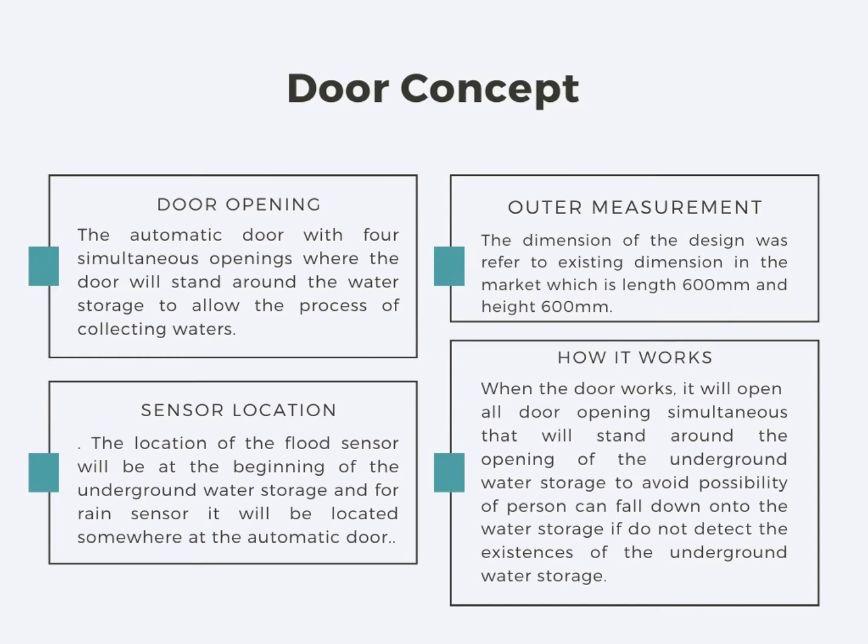When the door works, it will open all door openings simultaneously and they will stand around the opening of the underground water storage at about 90 degrees. This is to avoid the possibility of a person falling into the water storage if they do not detect the existence of the underground water storage.